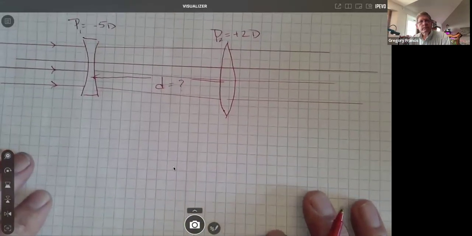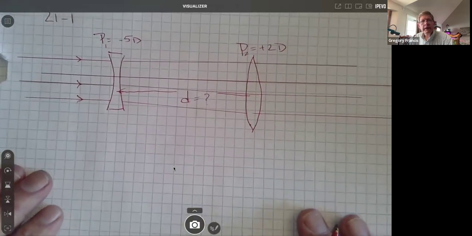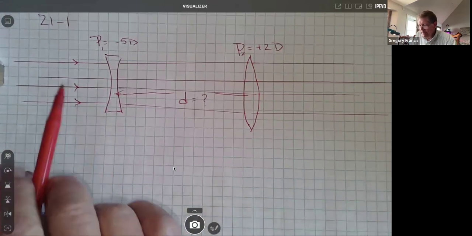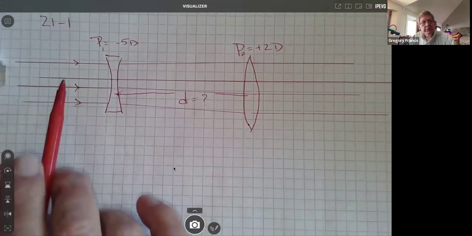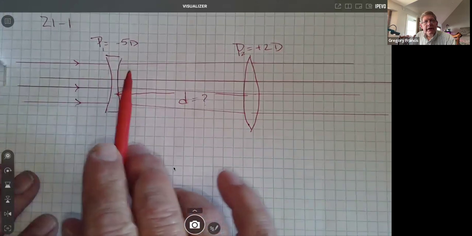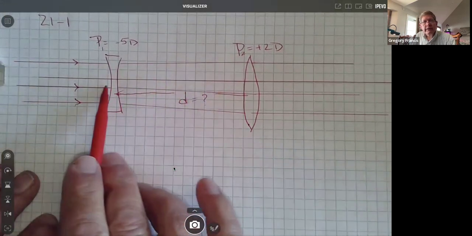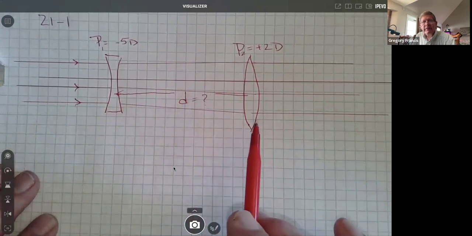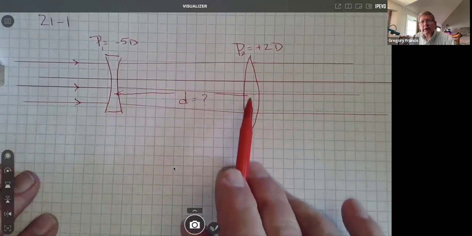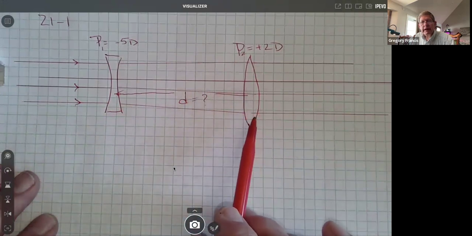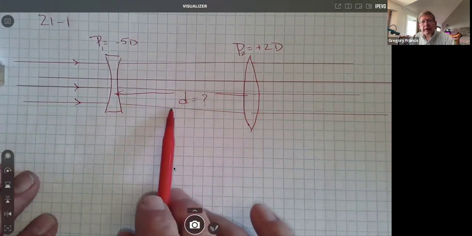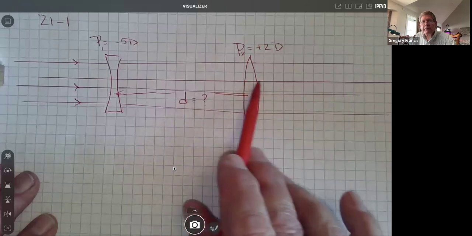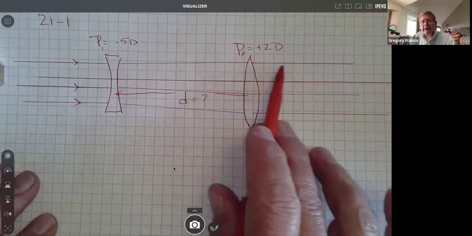Okay, so let's look at this first problem. We have rays coming in parallel to the principal axis, and they diverge from this negative lens. And then we're told that if we put this positive lens in just the right location, we can get those rays to leave parallel to the principal axis again.